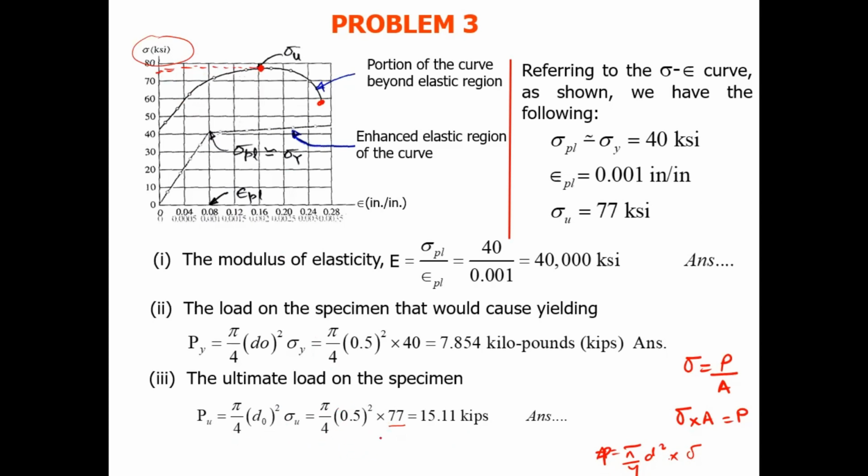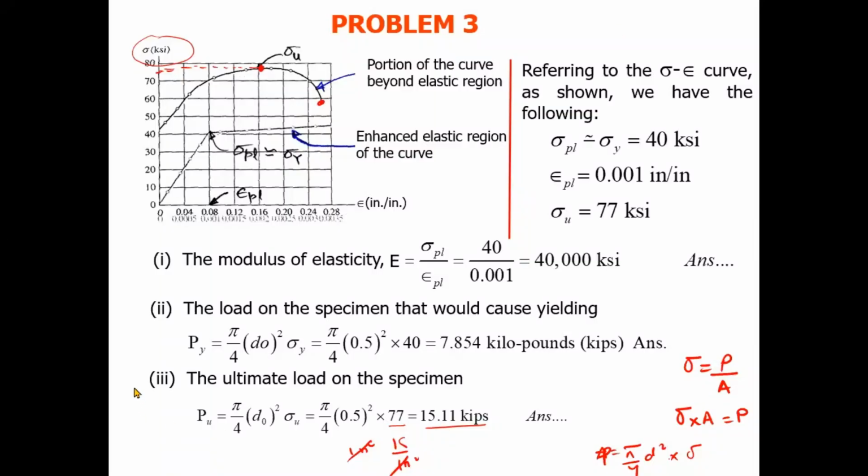Why? Because KSI means kip per inch square, and this area is in inch square, so only kips will be left. So pi by 4 d square times 77 will be 15.11 kips. This is the ultimate load carried by the member.